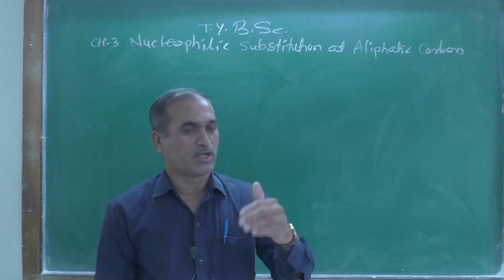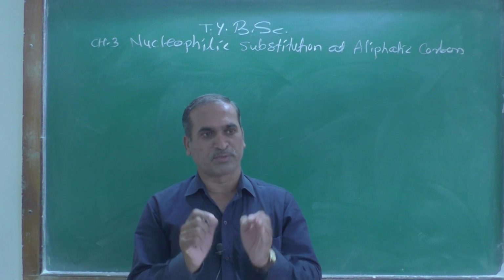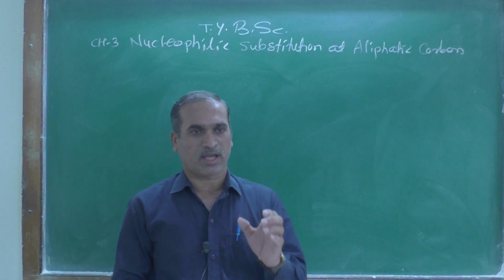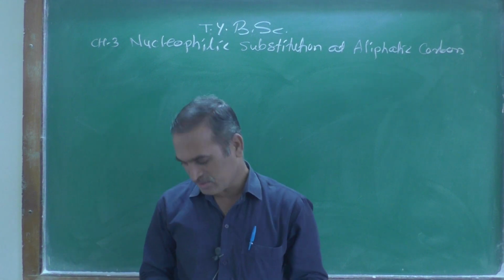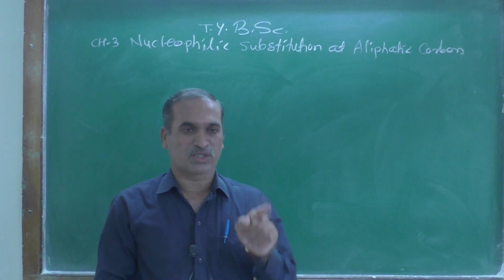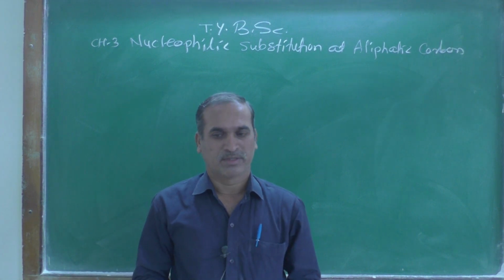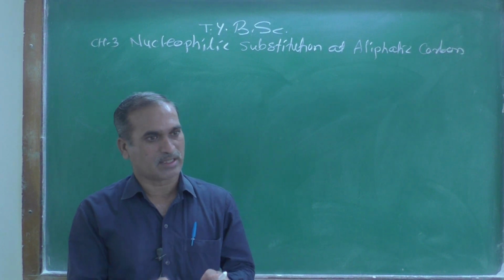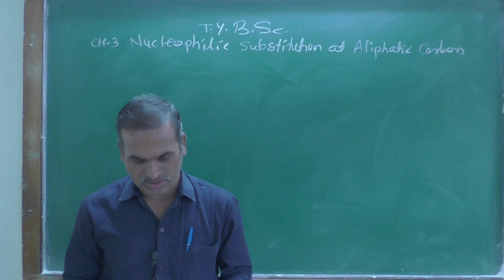It gets inversion of configuration, which proves that the nucleophile approaches or attacks from the backside. There are three evidences or proofs we have discussed in yesterday's lecture.